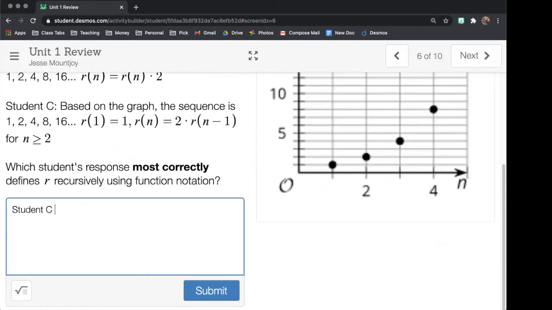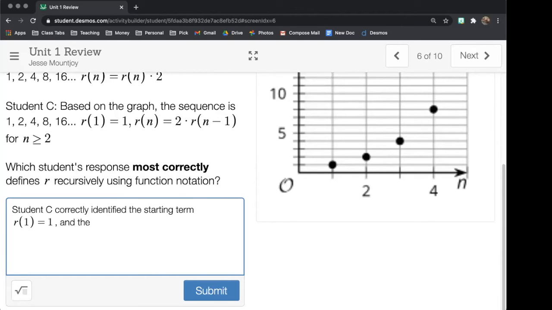Student C correctly identified the starting term, and then I'll actually write it. R of 1 equals 1.